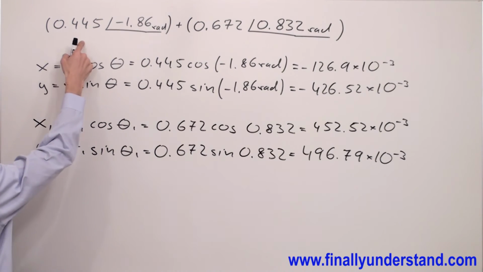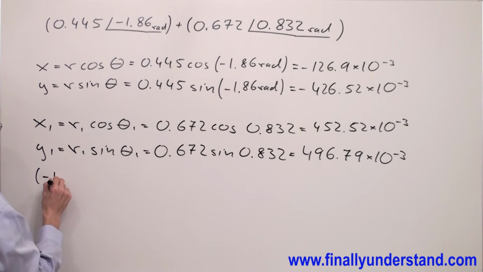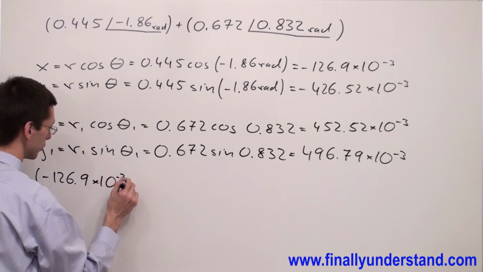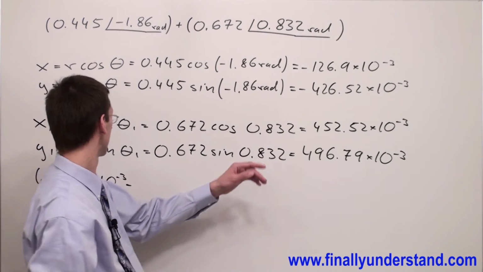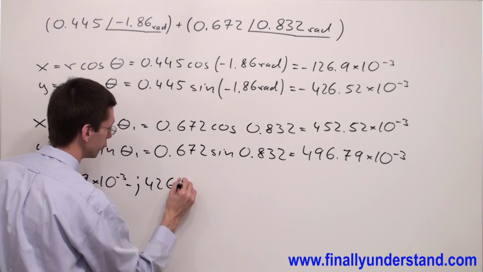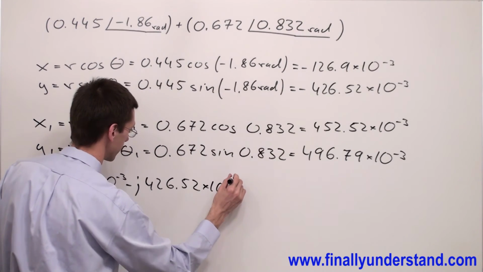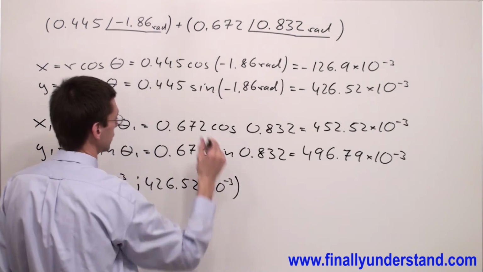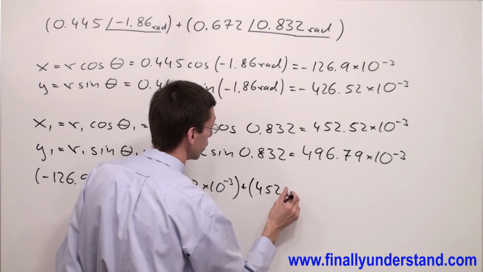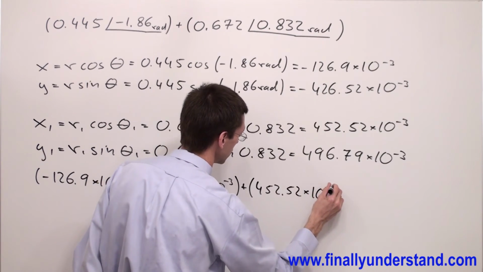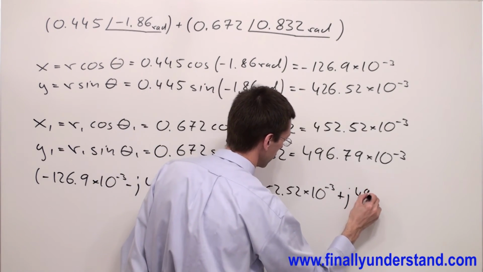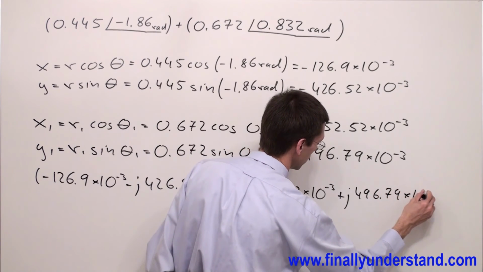So my first number is negative 126.9 times 10 to negative 3 minus, because I have a negative sign, j 426.52 times 10 to negative 3, and I have plus, open parenthesis, 452.52 times 10 to negative 3 plus, because I have a positive value over here, j 496.79 times 10 to negative 3.